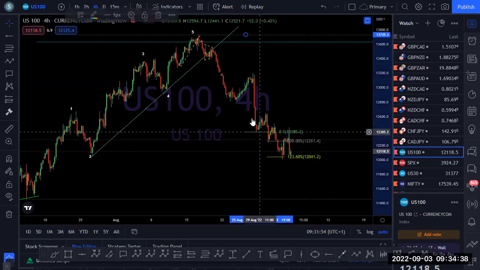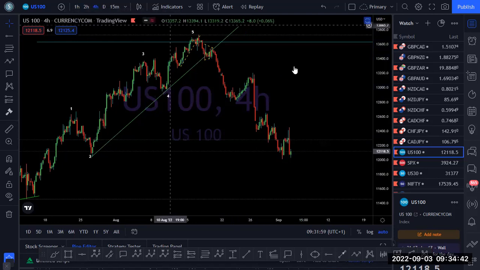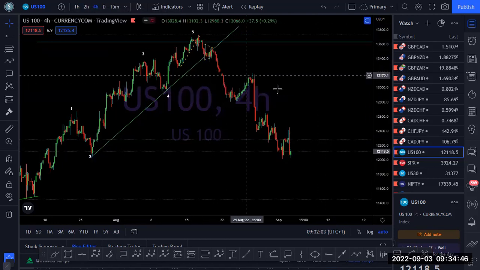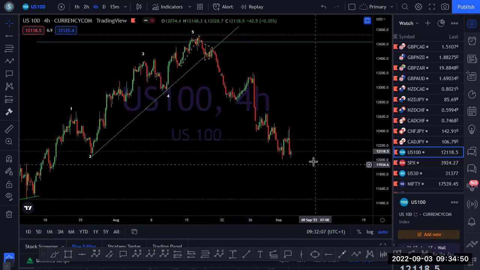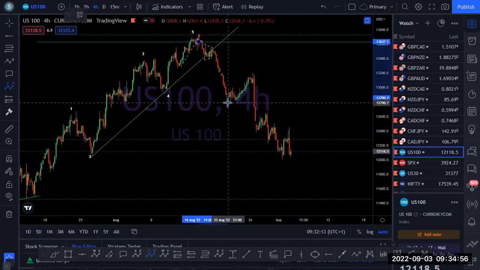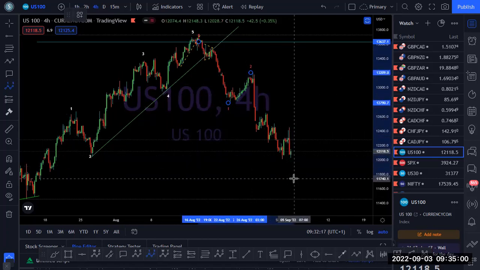Because from what I'm seeing now, the market is going to give us a new low. So now, instead of ABC, I am looking at 1, 2, 3. Now, for me, this is 1, this is 2, and this 3 might still go lower.